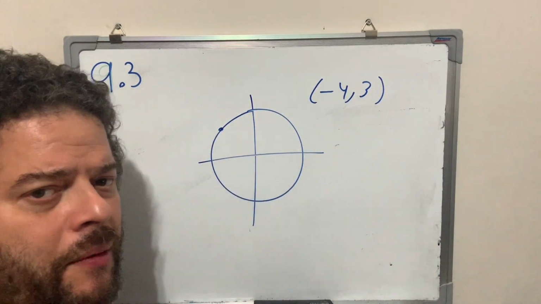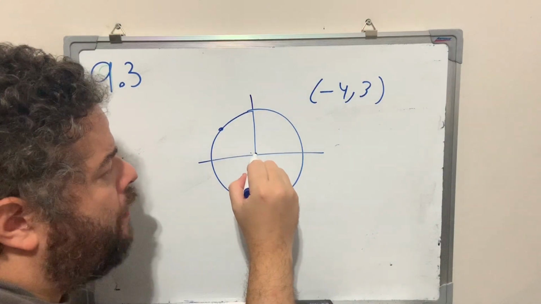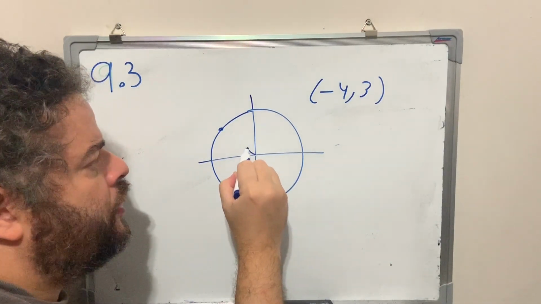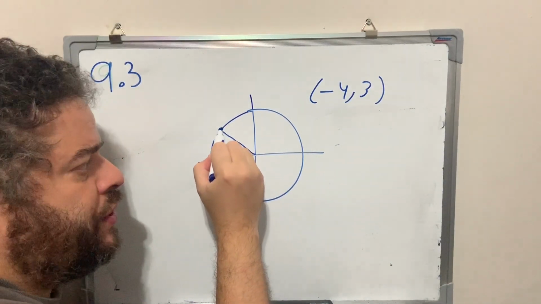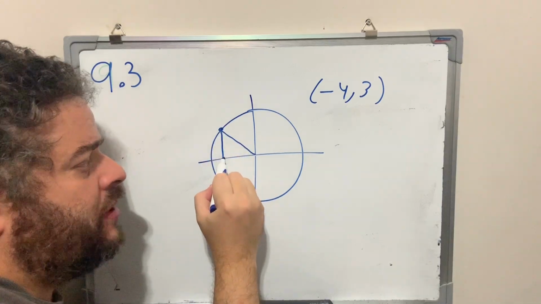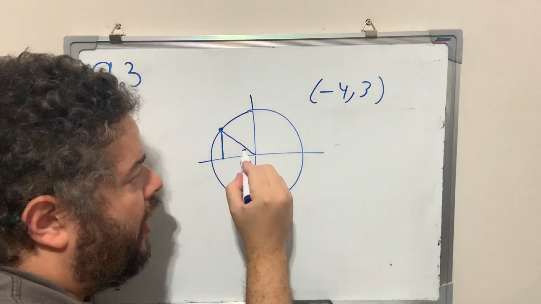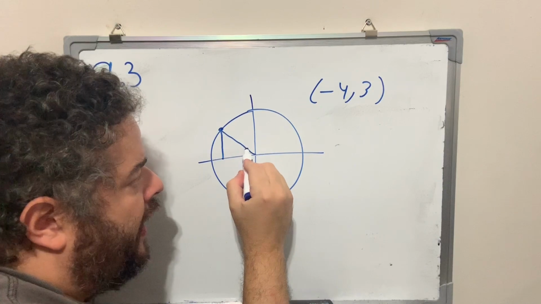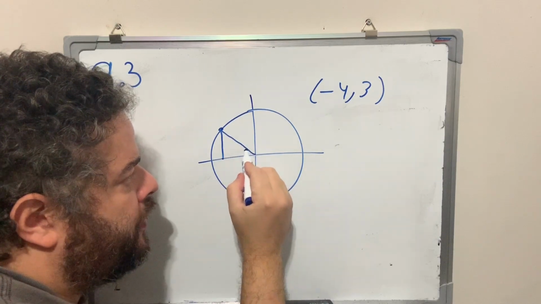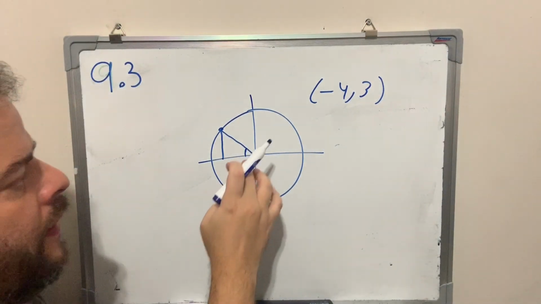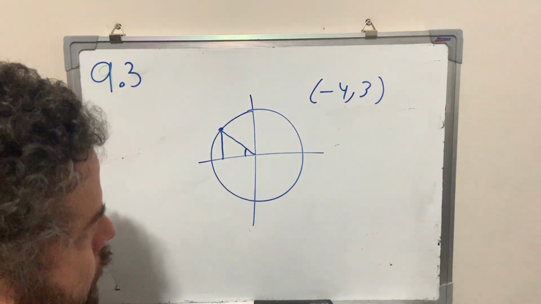It should be here, more or less. I draw my triangle beginning at the origin, going to the circumference, then down to my x-axis, and I always use this angle, the angle formed with the terminal side and the x-axis. That's stuck to the origin.